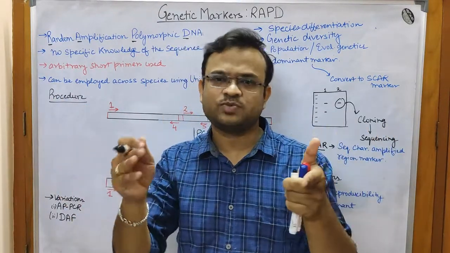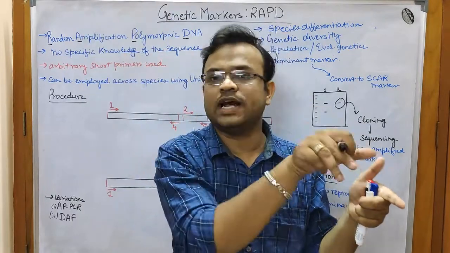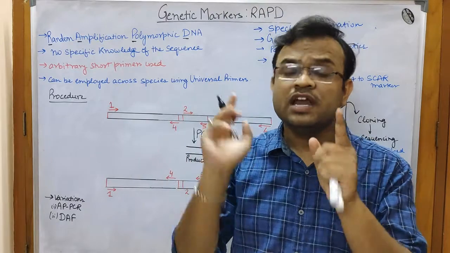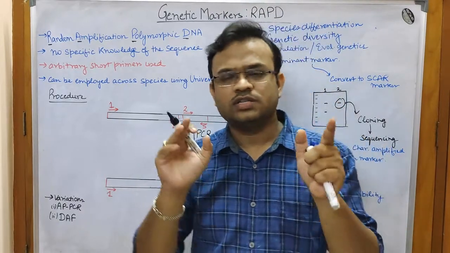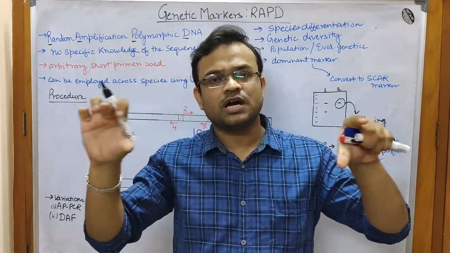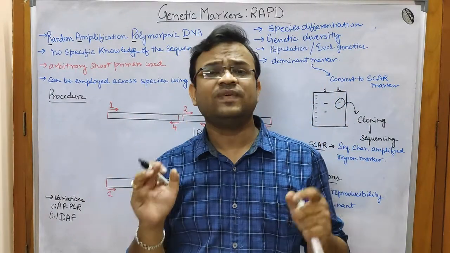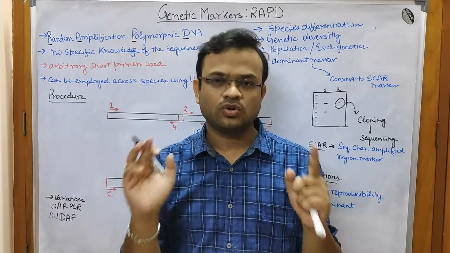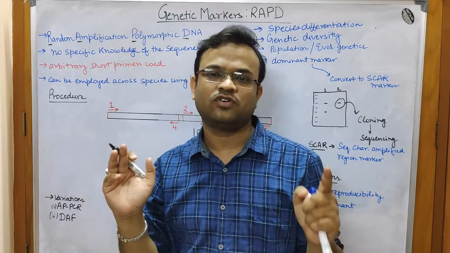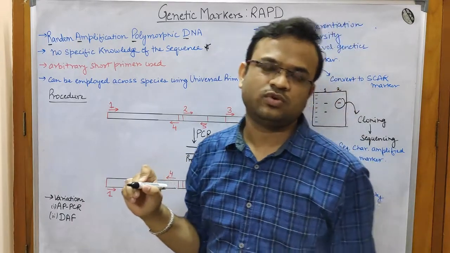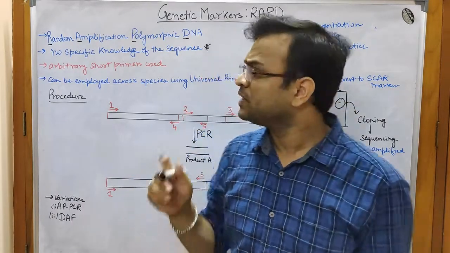Wherever the restriction site is present, the restriction enzyme will go and cut that sequence. So for that technique we needed information about the sequence. But in this particular technique we do not need to know about the sequence information. This is a very important point that you need to consider while studying RAPD, right?